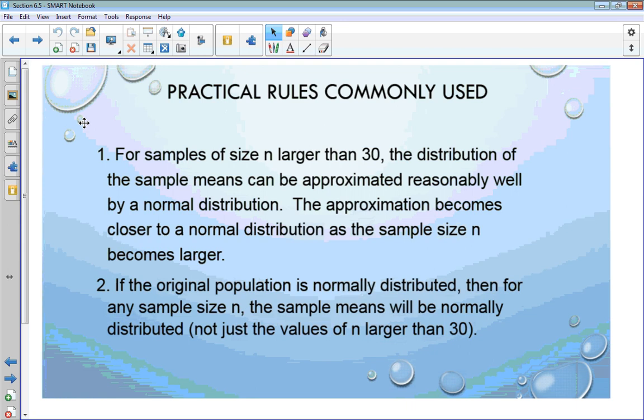And here's the interesting part: if the original population, regardless of how many are in there, it could be 4, 5, is normally distributed, then for any sample size, the sample means will be normally distributed. So if you start with a normal distribution, your sample means are going to create a normal distribution.